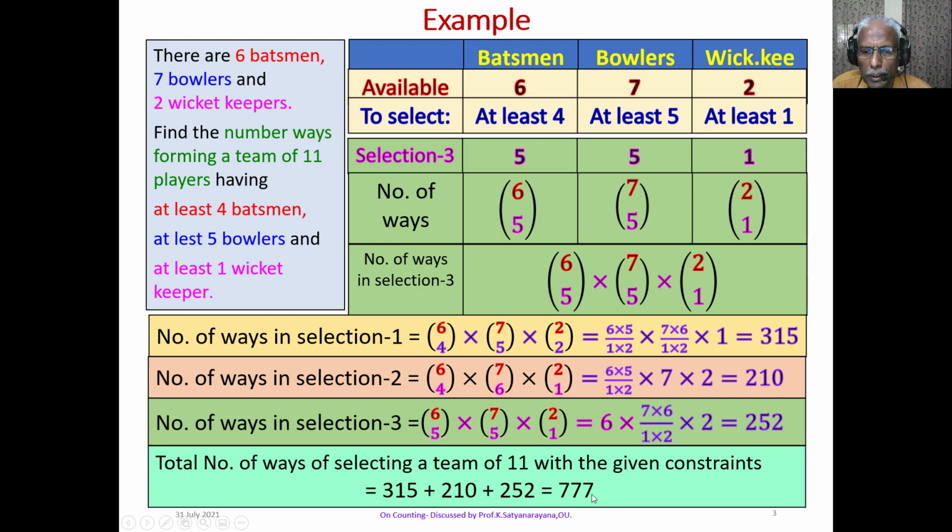So the total will be 777. Therefore, the answer is the total number of ways selecting a team of 11 with the given constraints is 777.